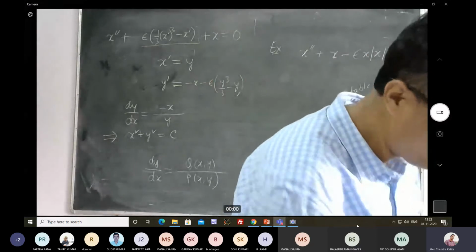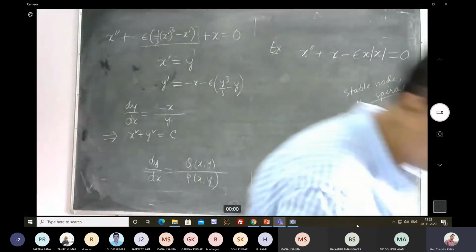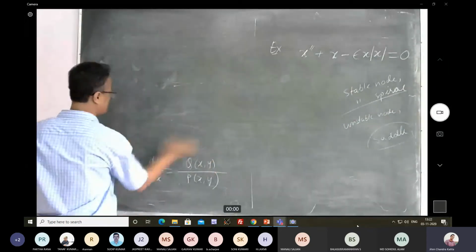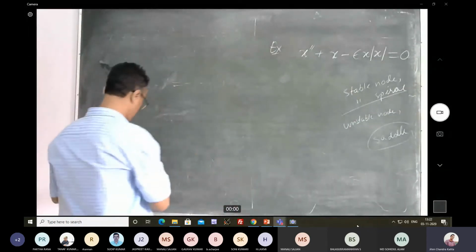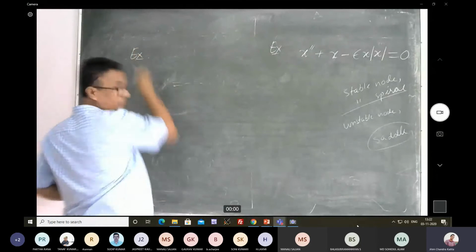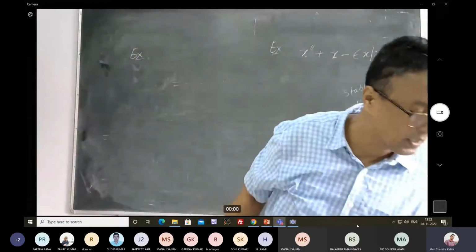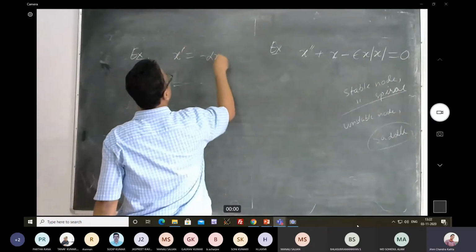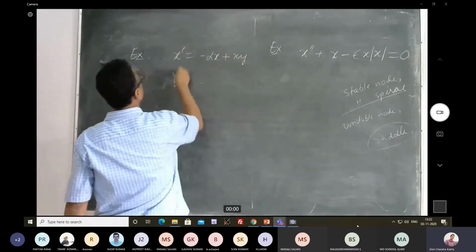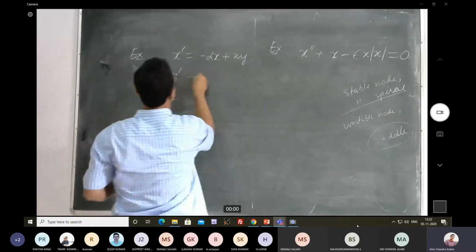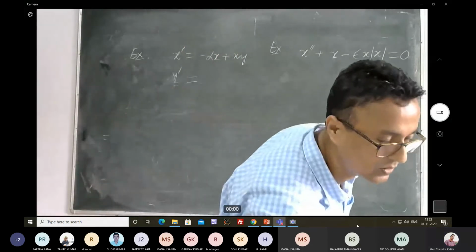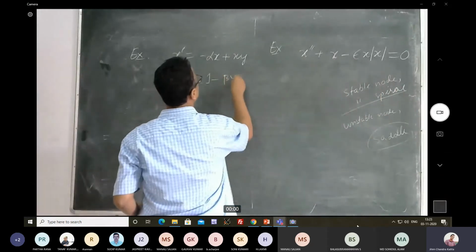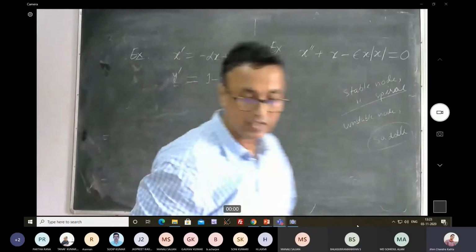Okay, so now let me do another interesting example. It is x prime equal to y minus x squared.